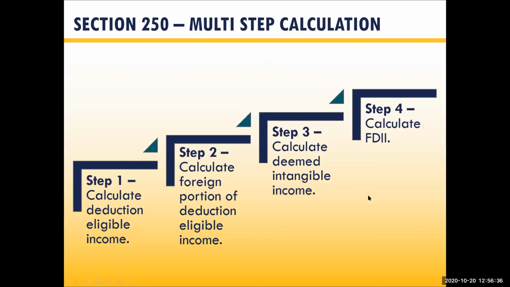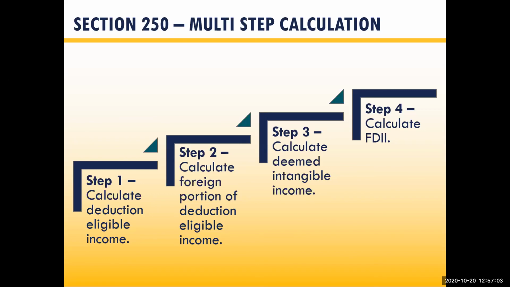Let's see. Okay. So for FDII, going back to topics again, basically what happens is you do a four-step calculation to determine what your deduction amount is. And you start similar to an IC-DISC, because you calculate your deduction eligible income.